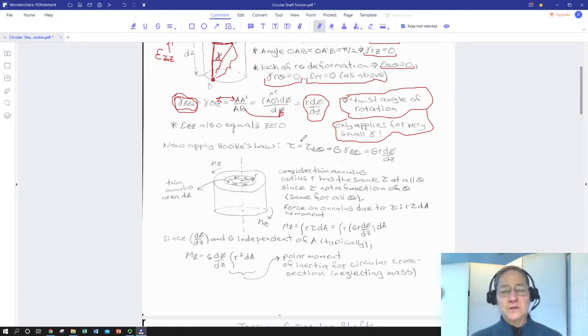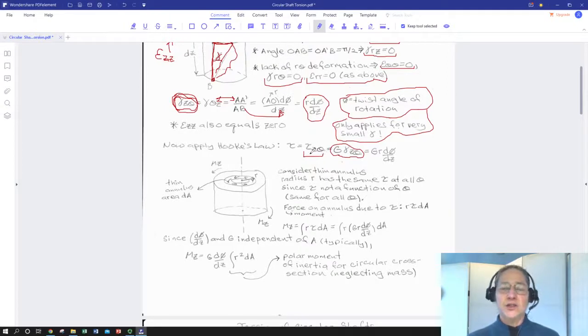So let's use Hooke's law, and instead of expressing strain in the z theta, let's use our relationship between shear strain and shear modulus to relate our angle of twist and radius to a shear stress.